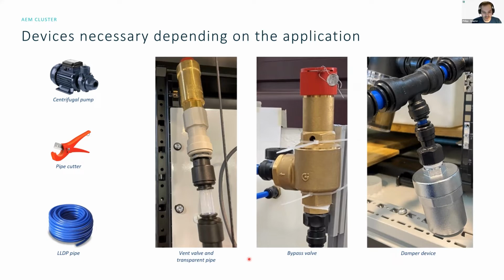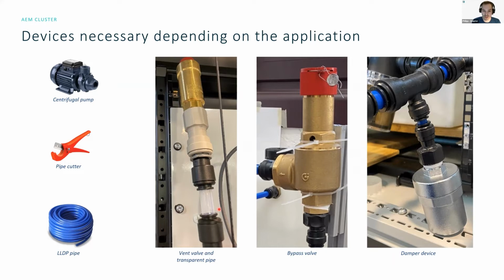It is generally advisable to use vent valves and a little bit of transparent pipe to see air bubbles coming up. It is basically unavoidable to have air in your cooling cycle, and this air makes your system inefficient.